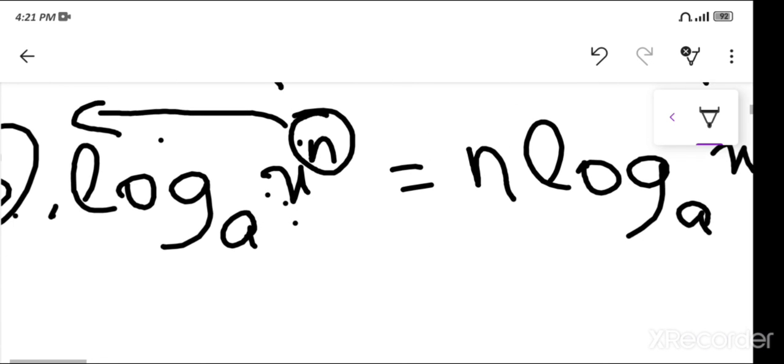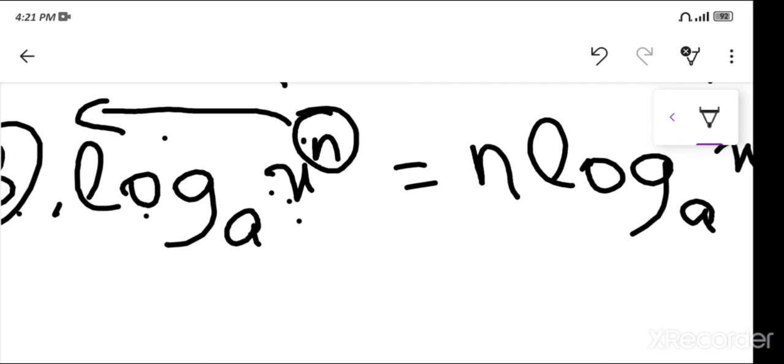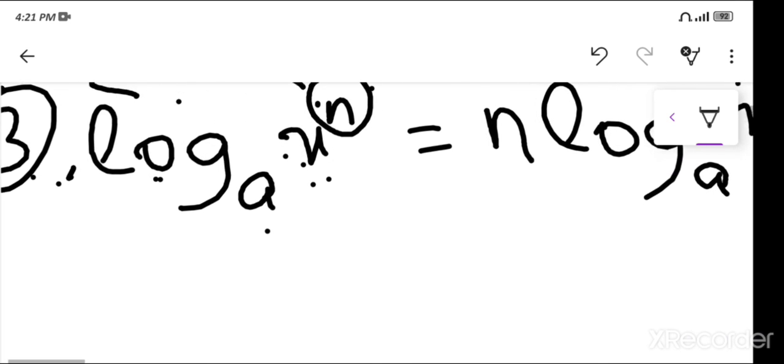The base and the value stay in the same place.